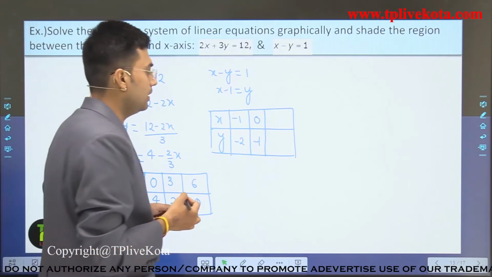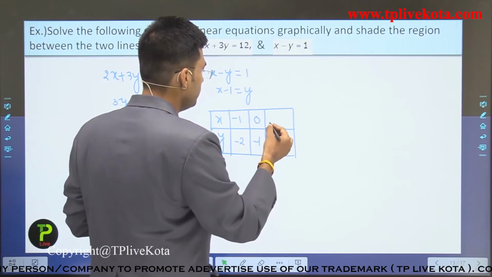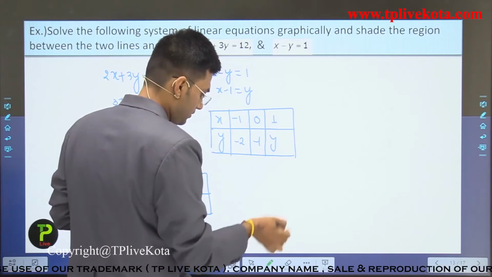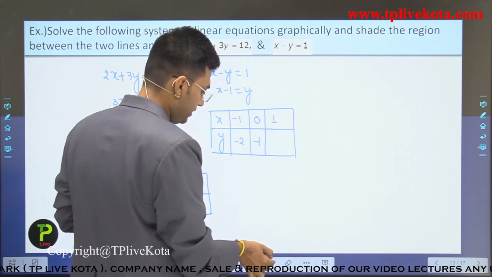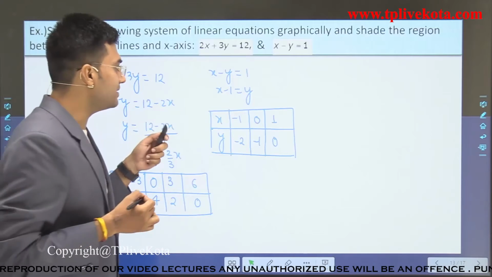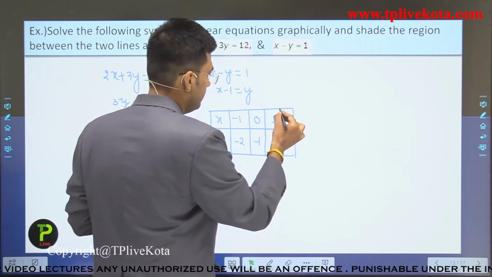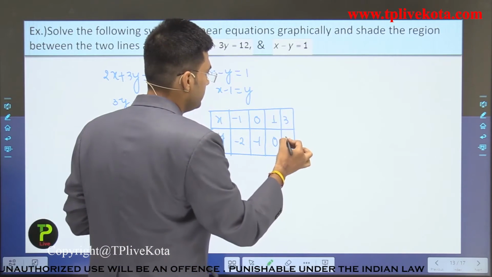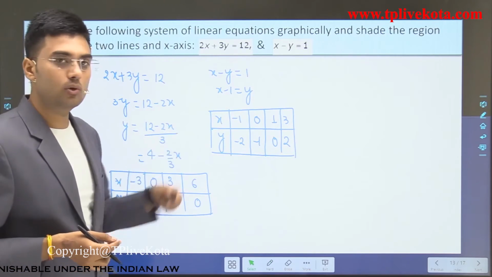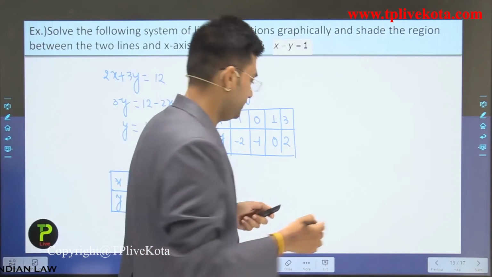Clear? If we put x is equal to 1, then y is equal to 0. If we put x is equal to 3, then y is equal to 2. Now plot these points on the Cartesian coordinate plane.